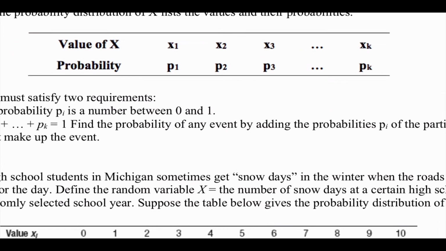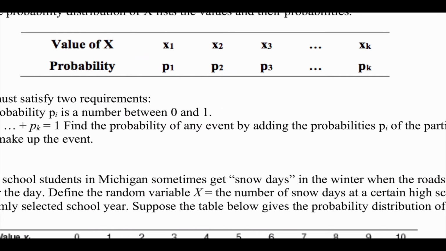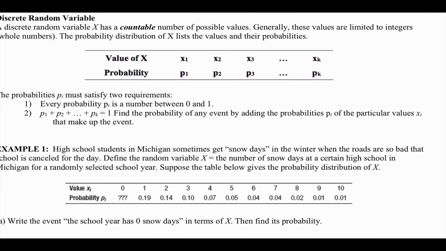This table just says all of the random variables are x's, x1, x2, x3, however long the list is. Right below them or right beside them go their probabilities. Okay, that's all it says. The probabilities must satisfy 2 requirements. Every probability has to be between 0 and 1.